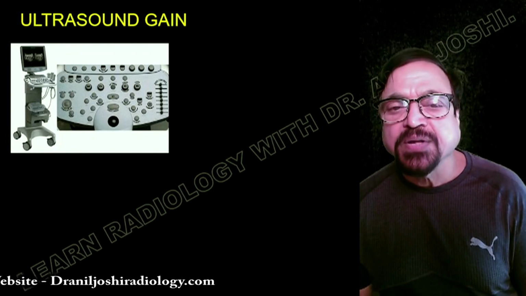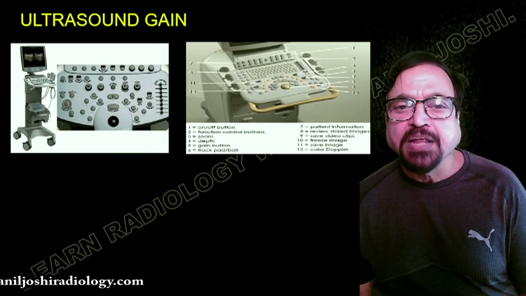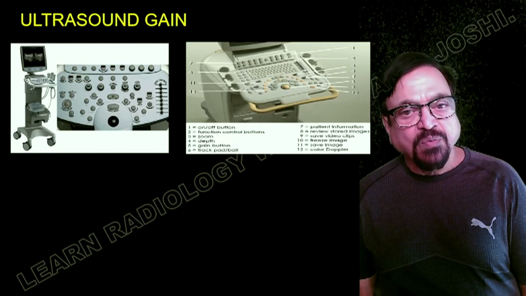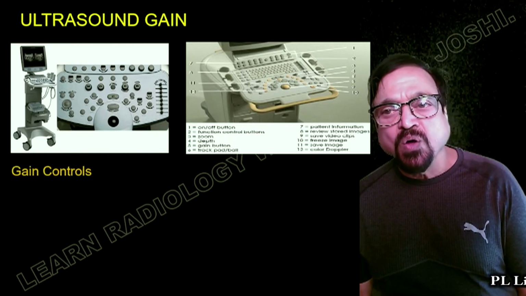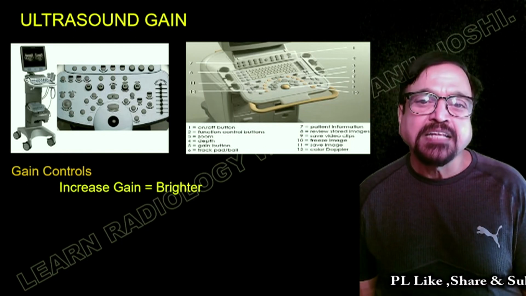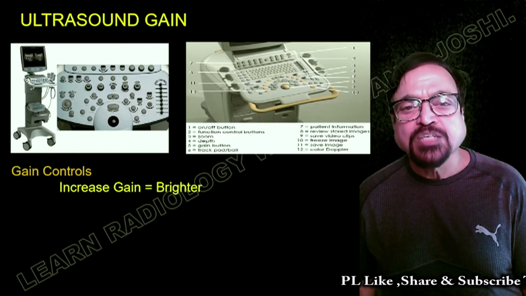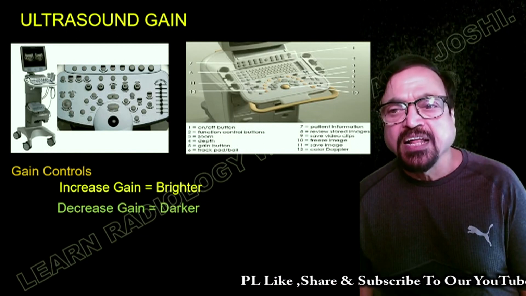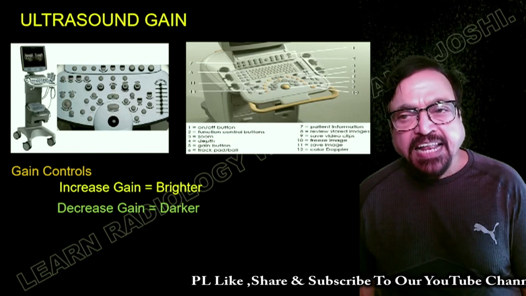Now what is ultrasound gain? Every machine has the gain control, and we are familiar with it. When the image is not giving satisfactory results, we increase the gain. Now let us know what these gain controls are. They increase the brightness of the brighter spots, and all grays are raised in proportion. So if we increase the gain, it will be brighter.